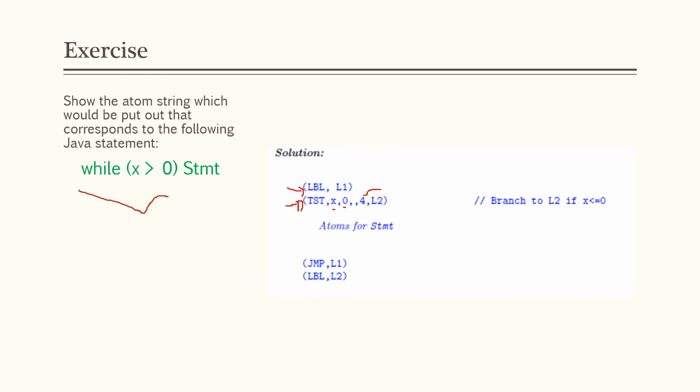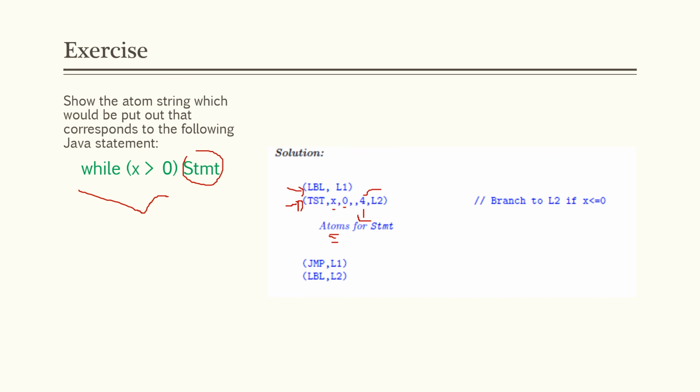Branch to L2 if x is less than or equals to 0. It means that it is false. Then you continue with the atoms for the statement, depending on what statements are inside. You write down the atoms for each of the statements inside the statement block, and then jump to L1.